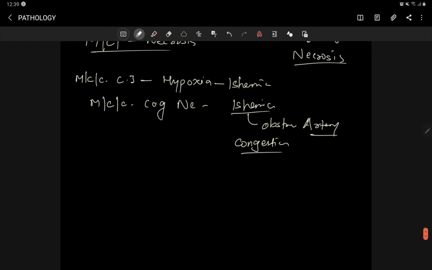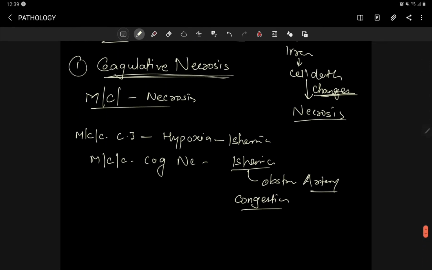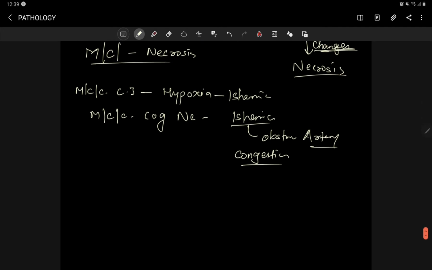Now let's see what happens here. Coagulative, as the name suggests, something is getting coagulated. If you take in your hand fresh heart muscle, it is softer, having the characteristic of a muscle.